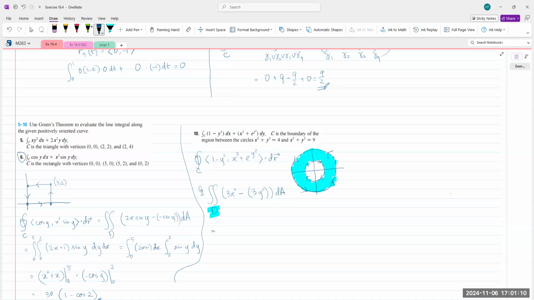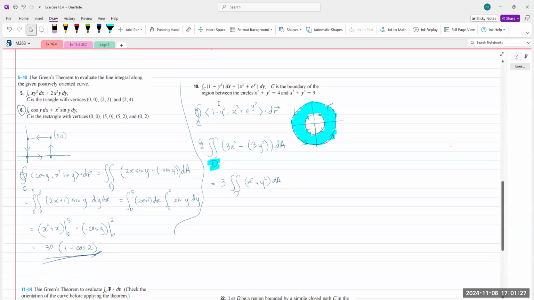Okay, which I can factor 3 out, double integral over D of x squared plus y squared dA. Why is this so nice? Because the domain is nice to be done using polar, and the integrand becomes a very nice integrand when we deal with that in polar.